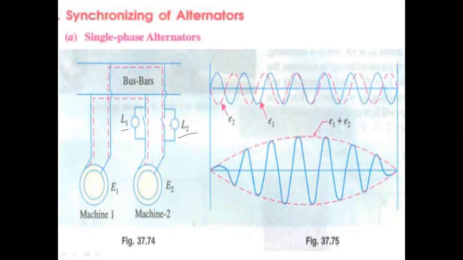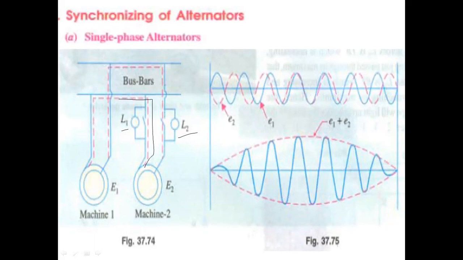Okay, and it should be noted that E1 and E2 are in phase relative to the external circuit, but they should be in direct phase opposition to the local circuit, as shown in the dotted lines.